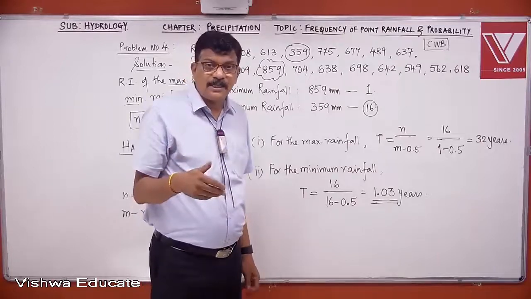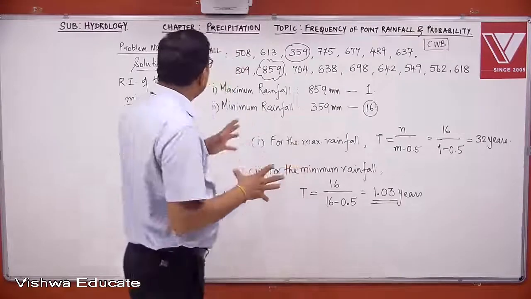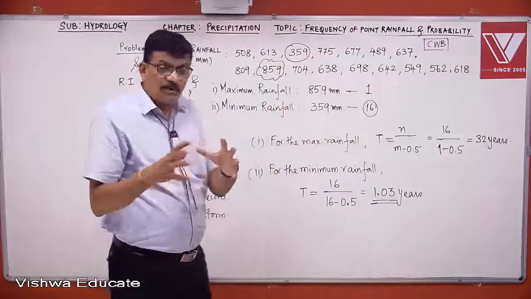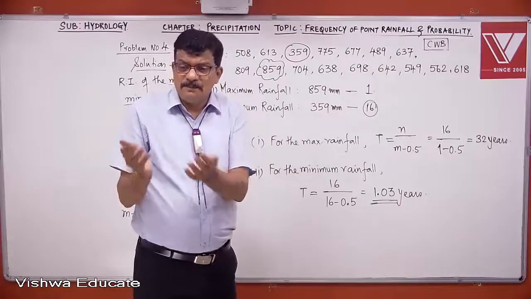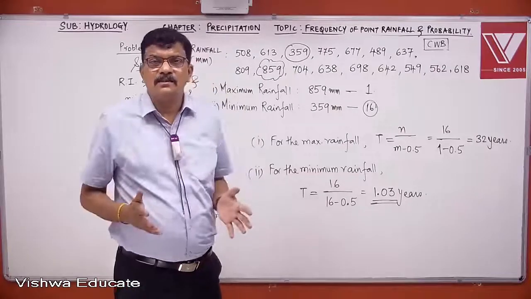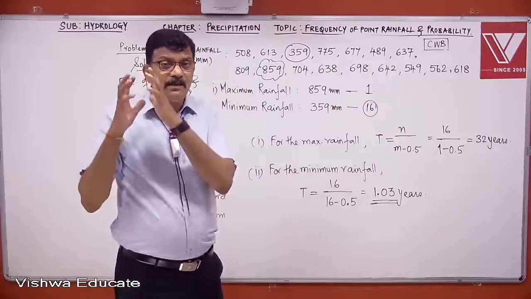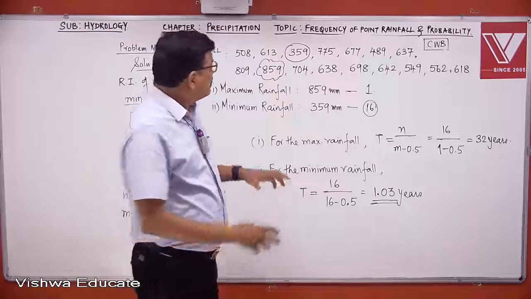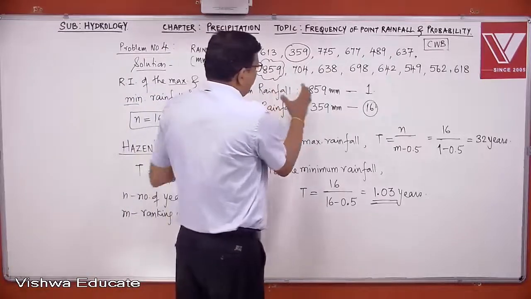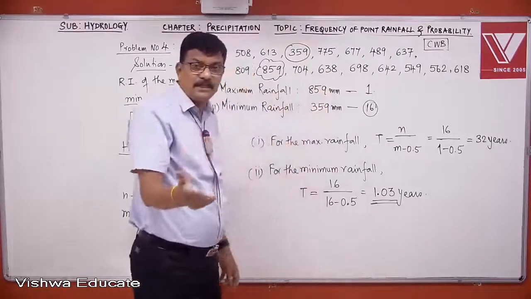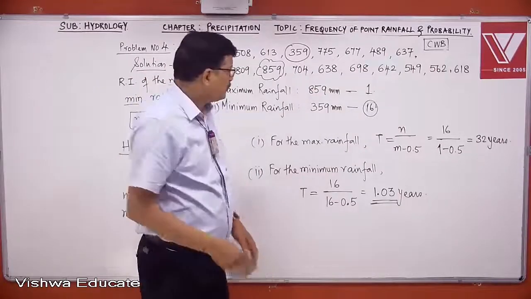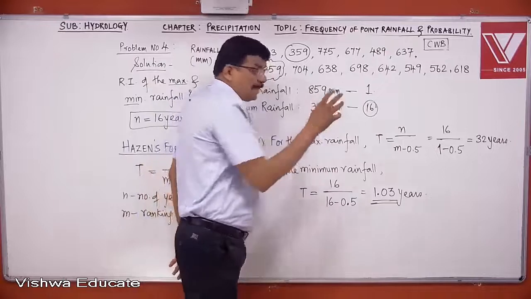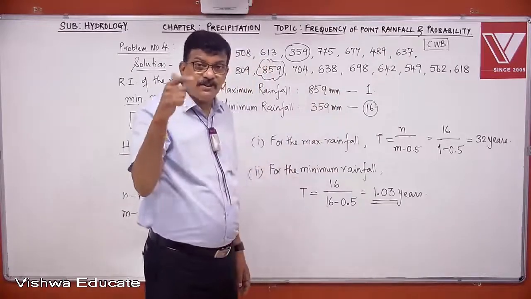So we can say that wherever we are, whatever region we are considering, let it be any catchment, any place or region, in that particular region, this rainfall of magnitude 859 or more, it can be more than 859 also, can occur once in 32 years.